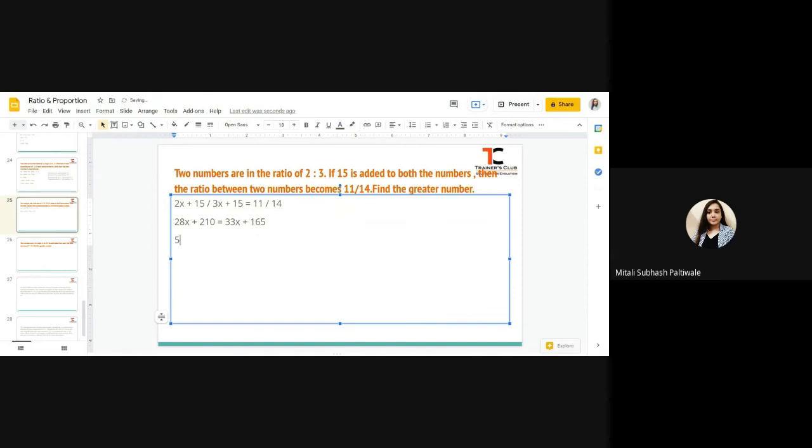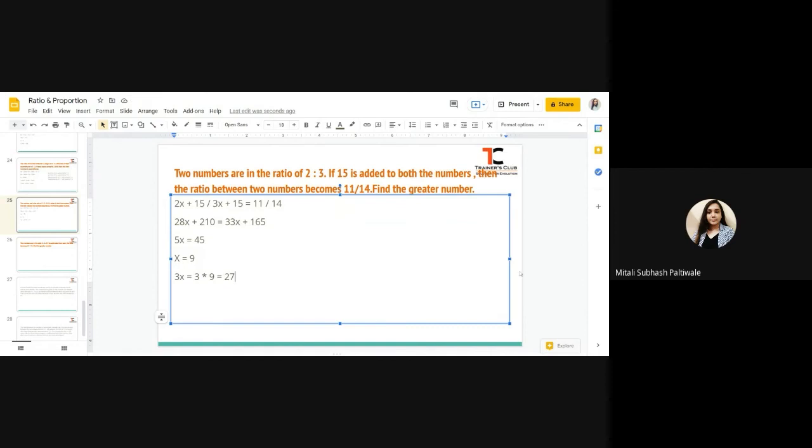This will become 5x is equal to 210 minus 165. 210 minus 165 will be 45. Okay, so x is equal to 9. From this, x is equal to 9. So 3x will become 3 into 9, which is equal to 27. So that's how it will be.